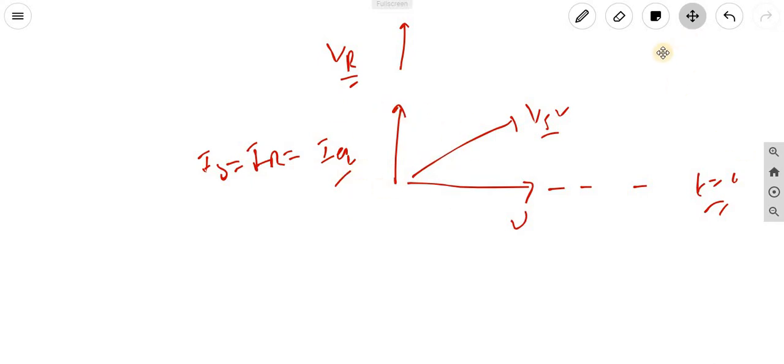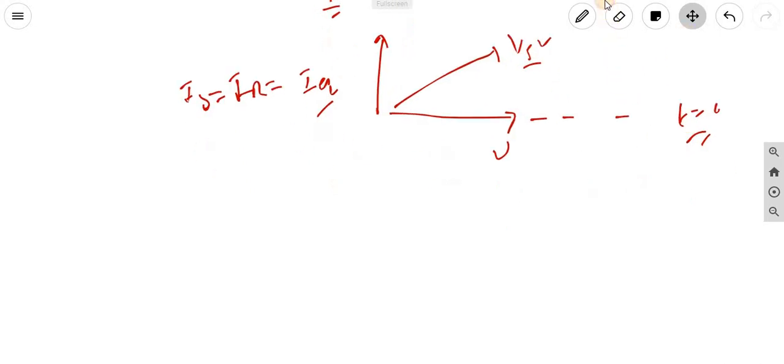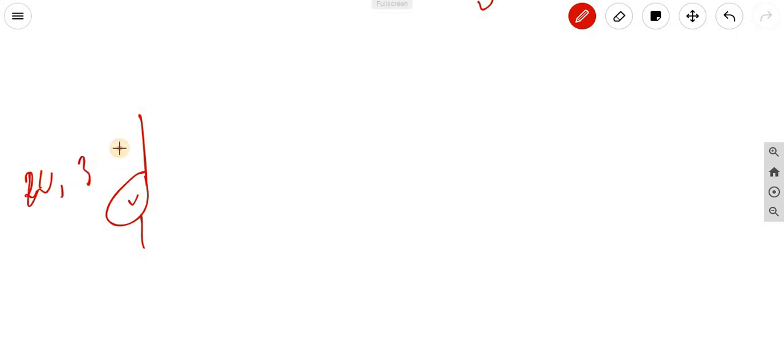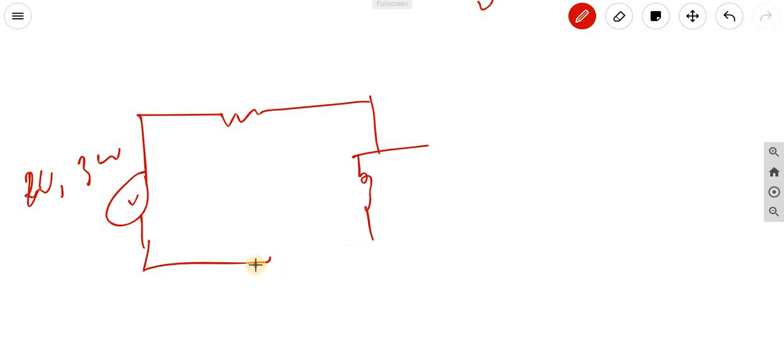Suppose in the same network we consider two frequencies, say omega and 3 omega. Then what would be the phasor diagram?